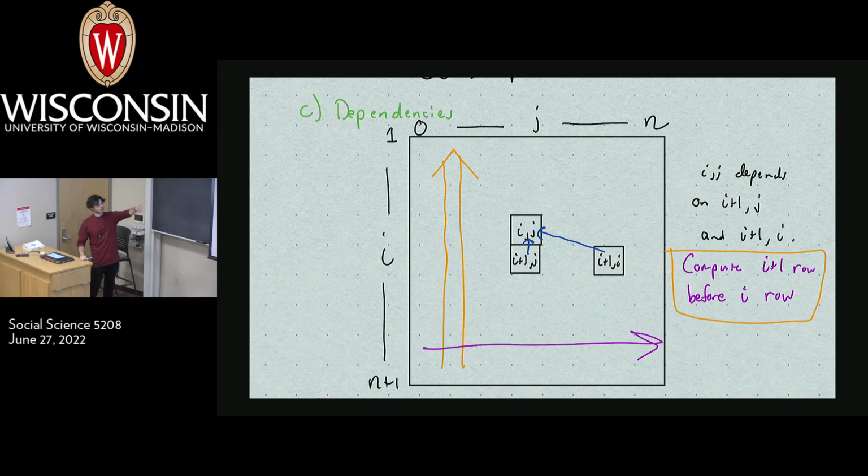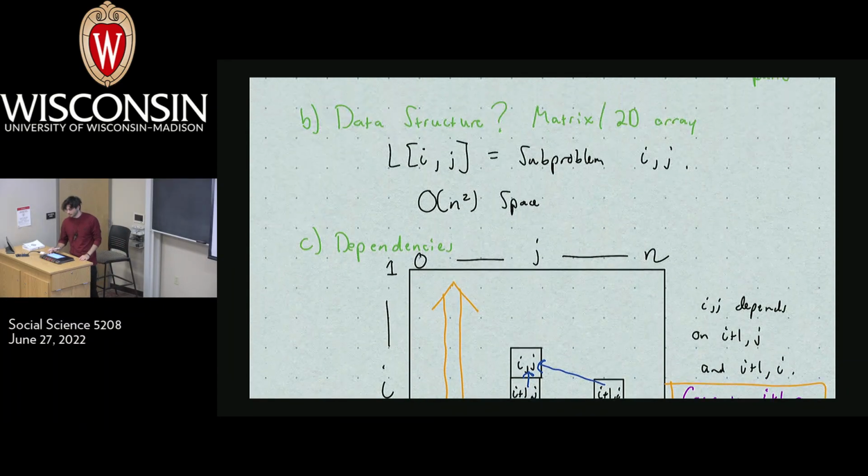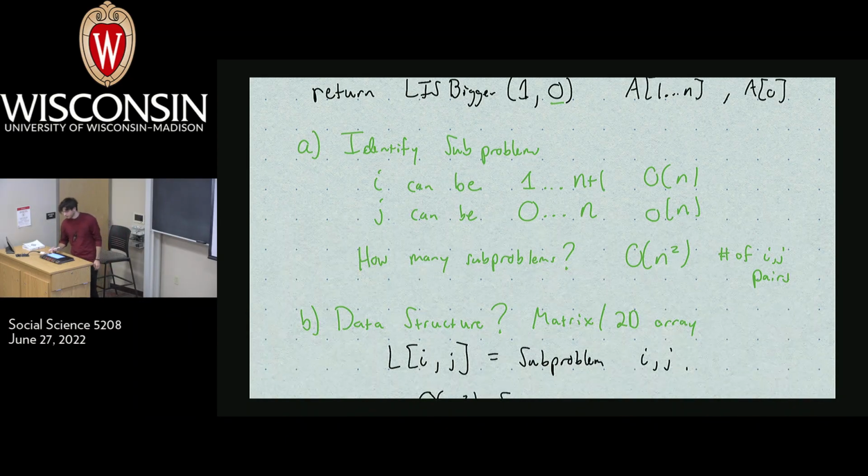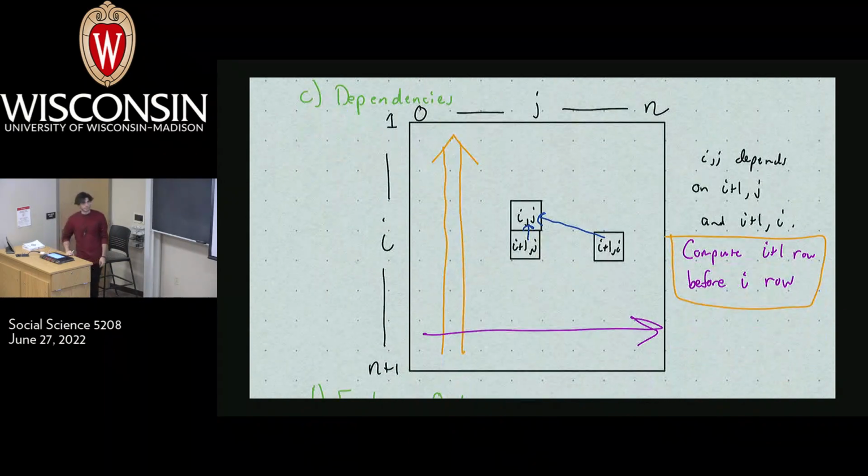You have your data structure drawn, you have the subproblems, you have the dependencies, and you have the eval order. So I've baked A through D all into one picture. But when you're just starting out, I do recommend you go through each step individually just to get it clear what everything is. But this is the key step. This is the dynamic programming part.